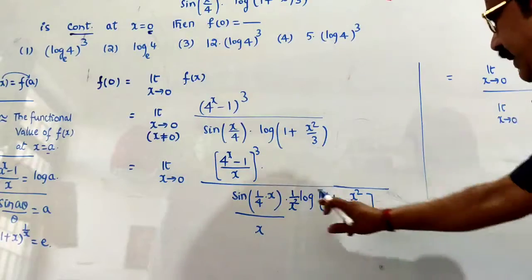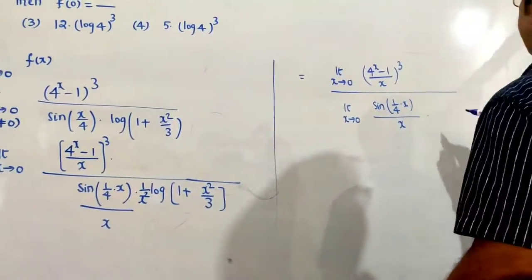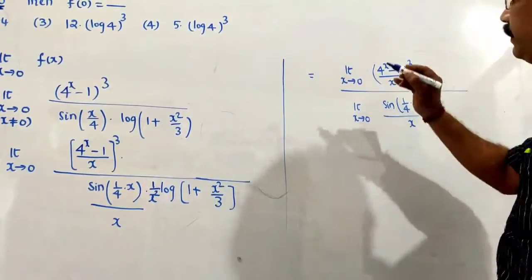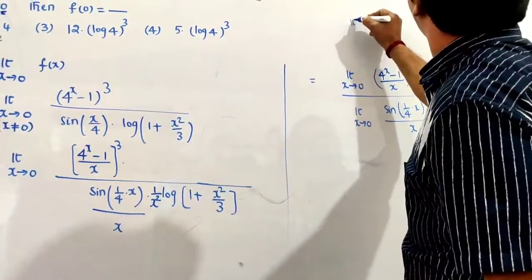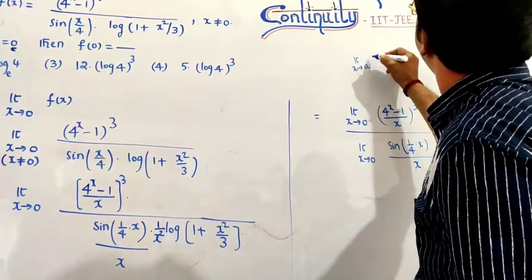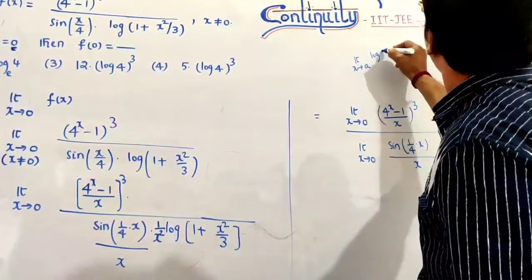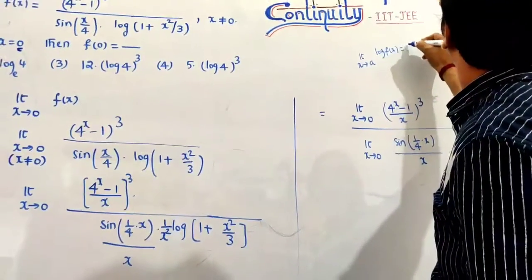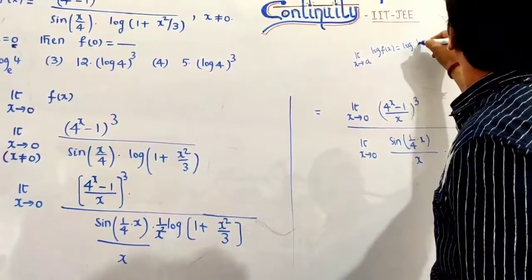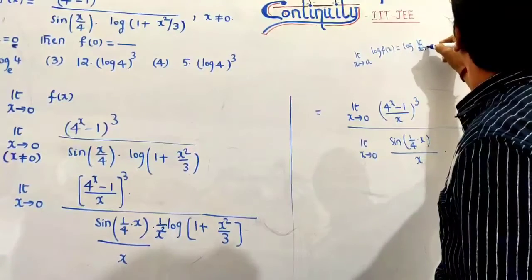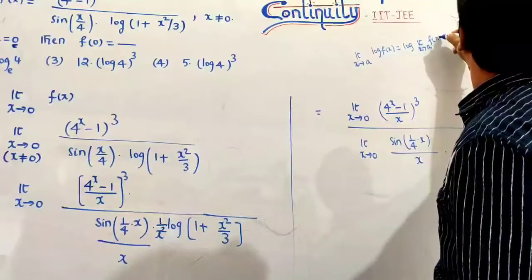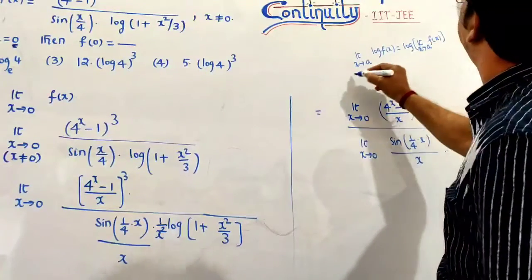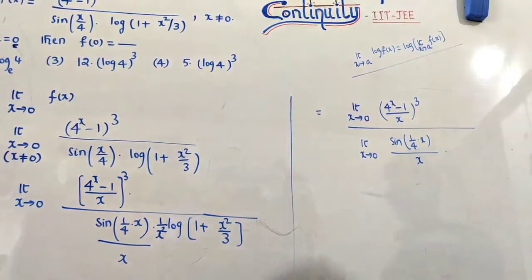Actually, this can be written as, one beautiful formula is there. Limit x tends to a logarithm of f of x equals logarithm of limit x tends to a f of x. We can write like that. This is the basic formula.